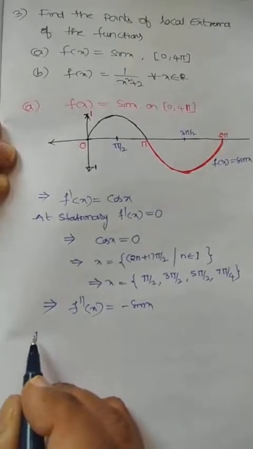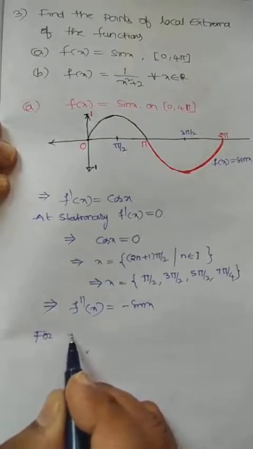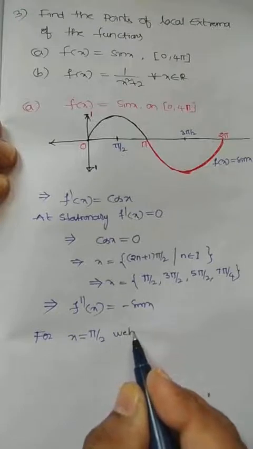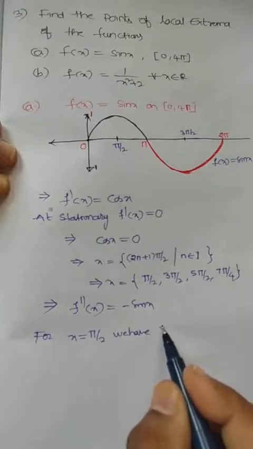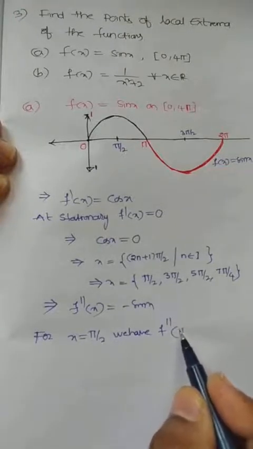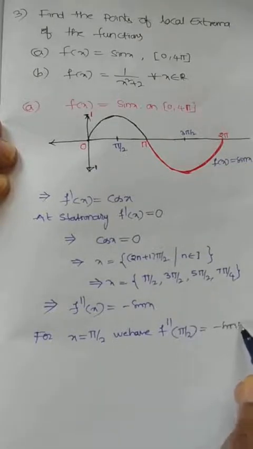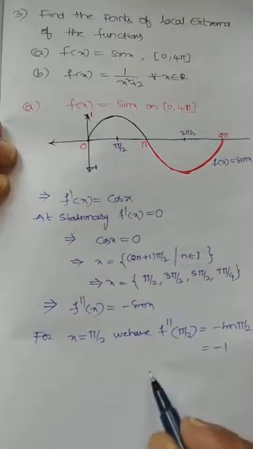For x equals pi by 2, we have f double dash of pi by 2 equals minus sin pi by 2, which equals minus 1.